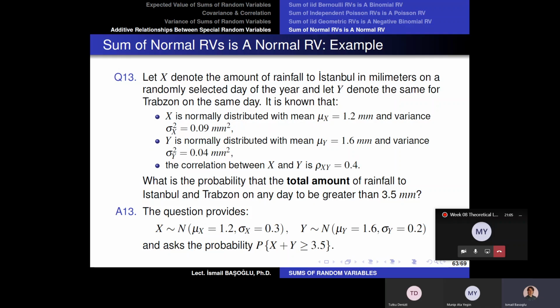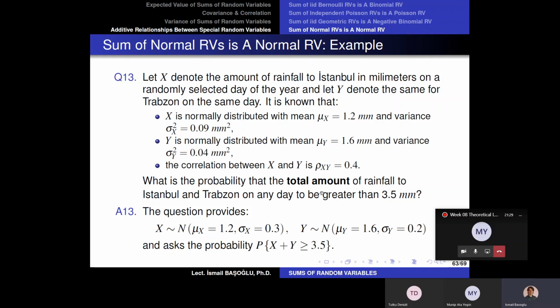Therefore, the variance in Istanbul can be greater than the variance in Trabzon. Now, we also have the correlation measure between X and Y. So the rainfall amounts between Istanbul and Trabzon on a random day of the year also have a correlation, which is 0.4. So there's a positive correlation here, as we have expected.